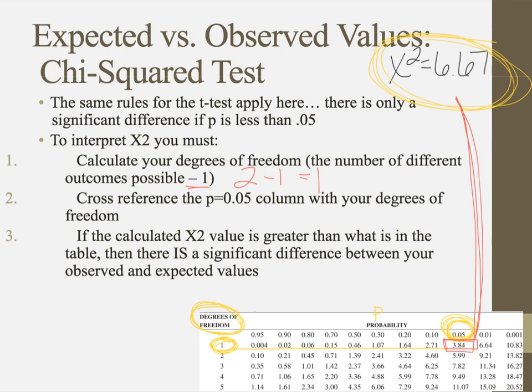So in our case, the chi-squared value that we worked so hard to calculate is greater than this cross-referenced value in the table, which we found with degrees of freedom and the p-value. Okay, this is greater than this. So that means that there is a significant difference between what we observed by looking at people at McCaskey and what we expected using that Punnett square.